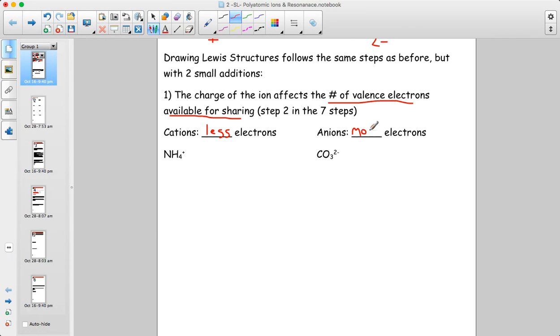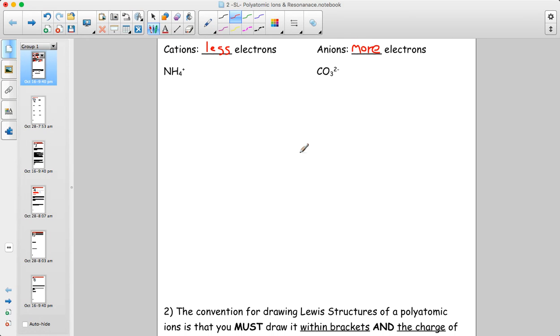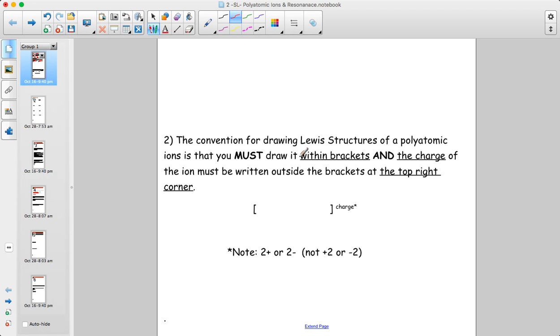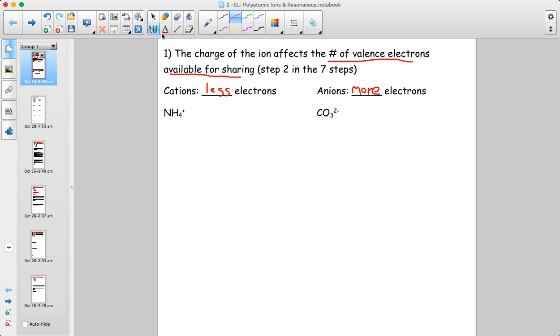So you kind of go through the 7 steps as you normally would, but then you're either going to take electrons away or add electrons to them in order to figure out how many bonds to draw. And then in the end, after you've drawn the structure, you have to put brackets around the drawing and put the charge in the upper right-hand corner. So we'll go through these examples right here.